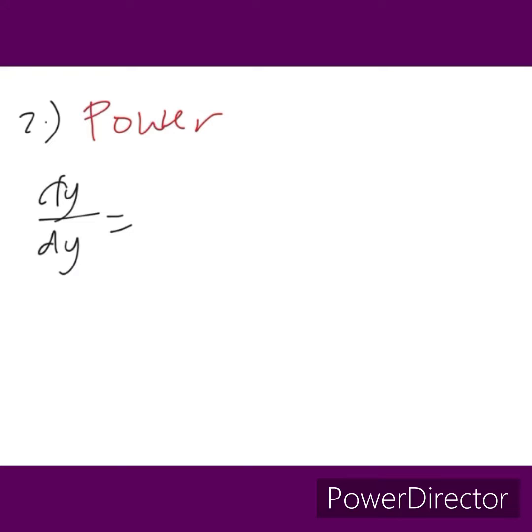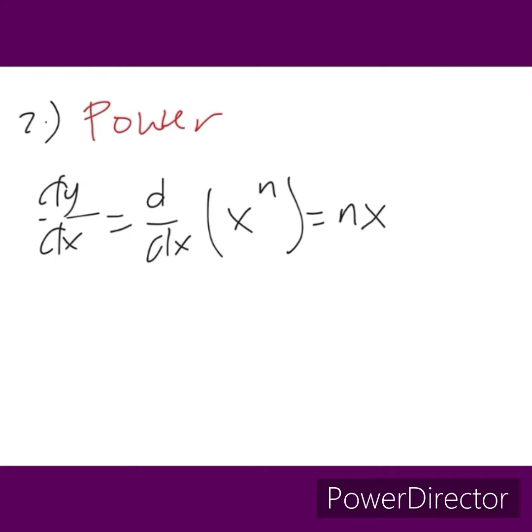The derivative of x raised to n is equal to n x raised to n minus 1, where n is greater than 0.